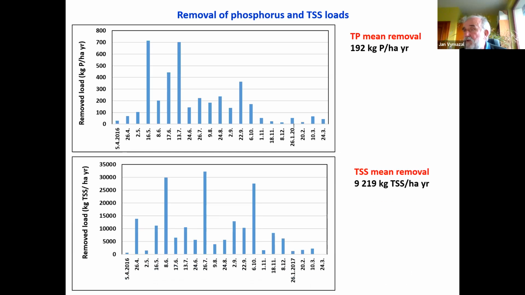And very similar pictures for phosphorus. So there was about 190 kilograms per hectare and nearly 10,000 kilograms suspended solids. And there is no relationship between the temperature and the removal load. It's usually connected with the flow.